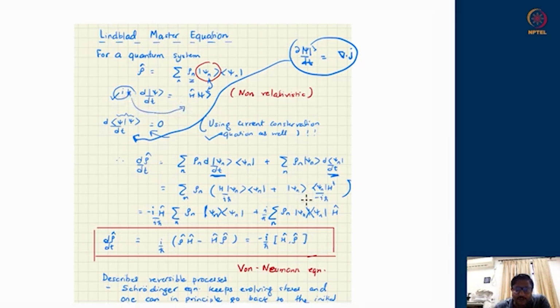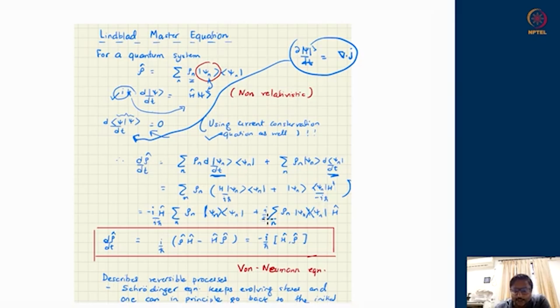Similarly, for the other term, when I have d psi n upon dt of the bra psi n, I will take the Hermitian conjugate of this equation, and I will obtain minus iota h bar this time, and h dagger acting on psi n. Since h is a Hermitian operator, h dagger is equivalent to h as well.